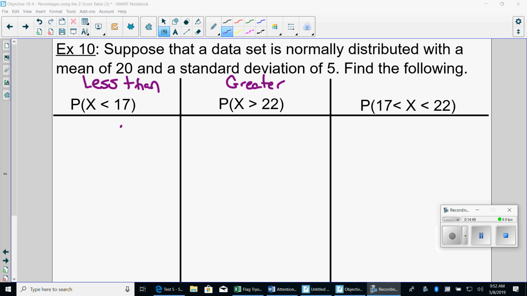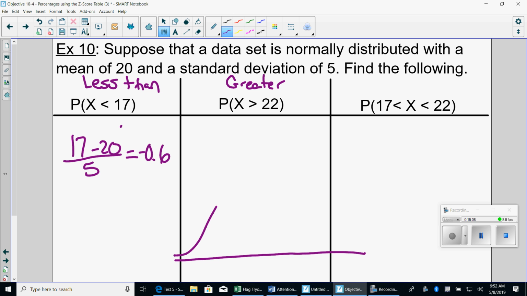All right. So if I did 17 minus 20 divided by 5, what would the z-score be for this one? Negative 0.6. Okay. And so I'm just going to draw the bell curve in the middle for each one.